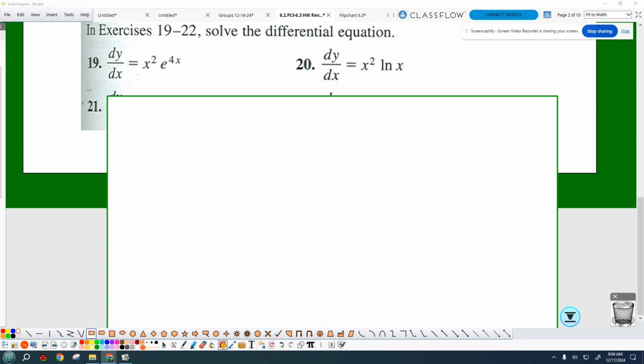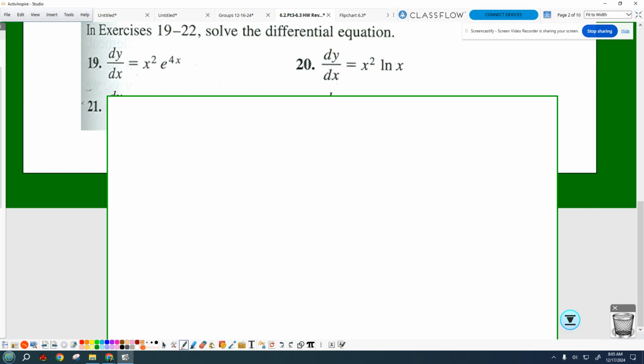Evan, what method are you using? Tabular. Okay. What's the U? X squared? Okay, so there's a reason I'm picking this one to do. Tabular doesn't work unless you pull the plug early, and it's the other way. It is integration by parts, but per the acronym, the U value is log.